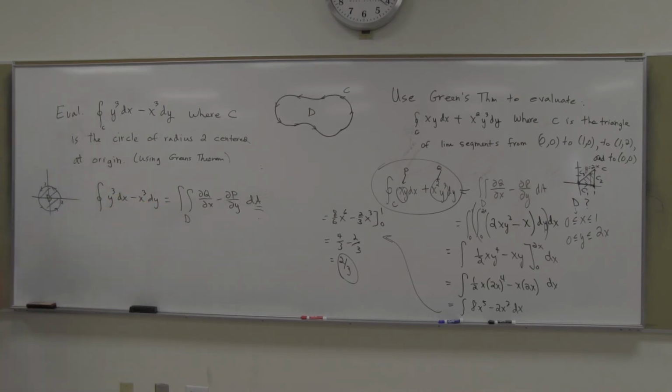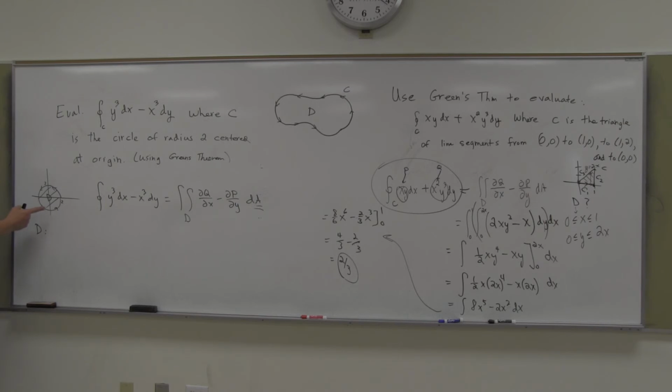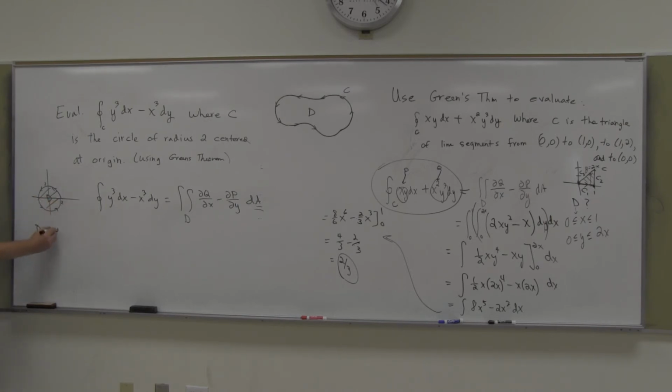So D here in terms of r and theta is polar. R obviously goes from 0 to 2, and then theta very easily goes all the way around, 0 to 2 pi. So that would sweep out that whole area, right?